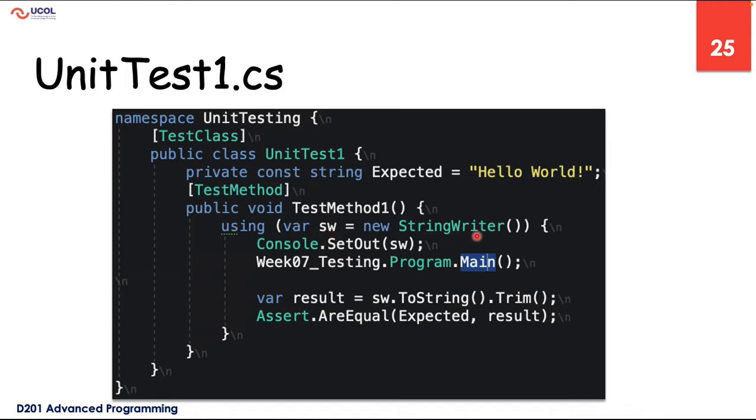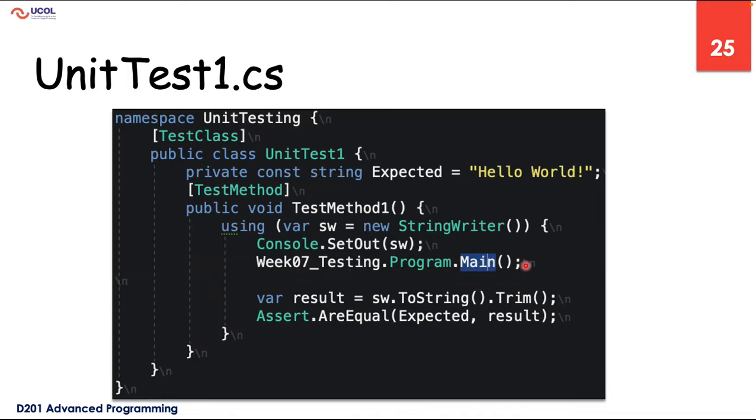Okay, so now we are intercepting what is printed at the console and receiving it inside the string writer. Once we receive that information, we actually run our main program, which is present inside our main project. So week07 underscore testing, that is the name of the project, and inside we have a class program, and inside the class program we have the main method.